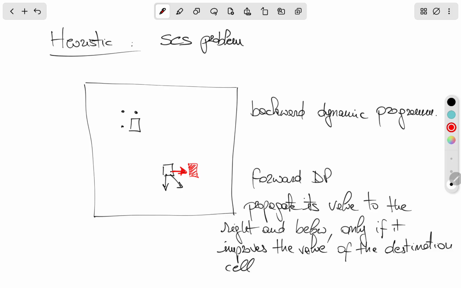Dijkstra, exactly. So yes, the Dijkstra algorithm usually is described as a greedy algorithm, and that is true, but it is also a forward dynamic programming algorithm. That's the recurrence equation and everything. But you move forward and you're not looking backwards.